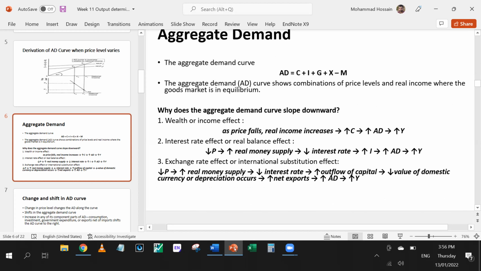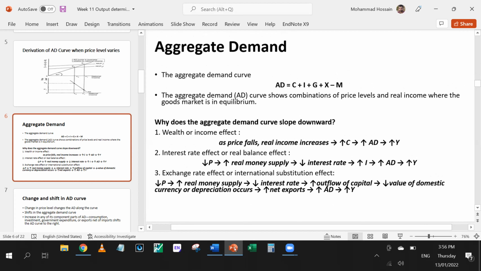Now look, it happens for a couple of reasons. The first one is the wealth or income effect. As the price falls, real income will be increasing. How does it happen? When the price falls, consumption will be increasing. The price of goods drops, so people will be consuming more.